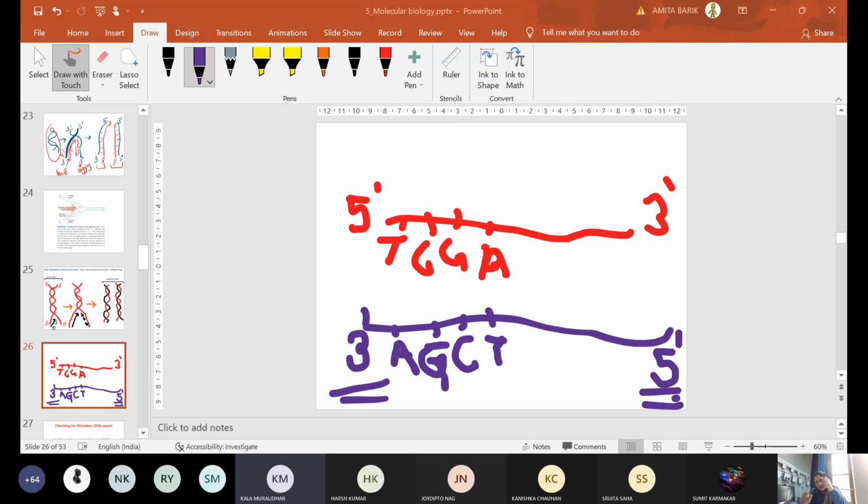At the end, two daughter DNA molecules are formed, each having one strand from the parent and one newly synthesized. Clear?